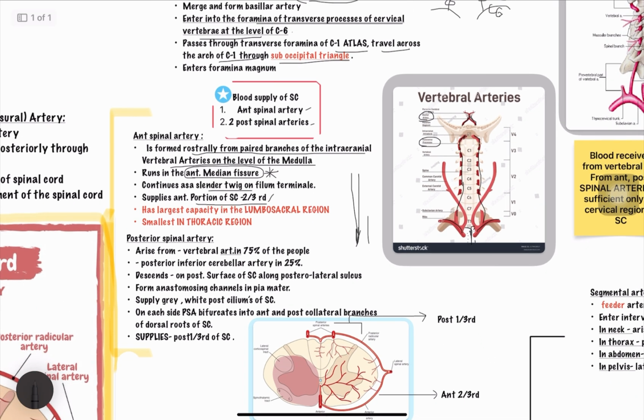Its capacity is largest in the lumbosacral region and smallest in the thoracic region. So in the thoracic region, it probably requires feeders or reinforcers. There are some arteries which reinforce the blood in these spinal arteries so that the blood flow is kept continuous all along the spinal cord.